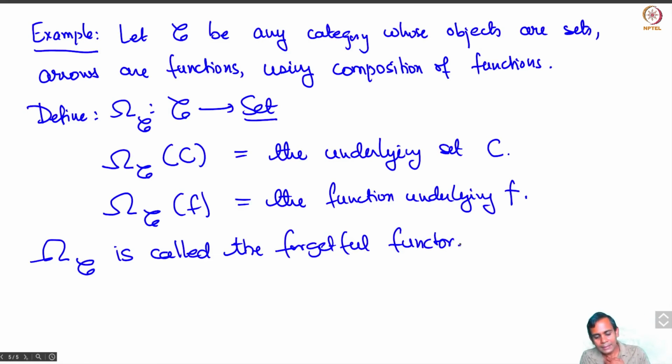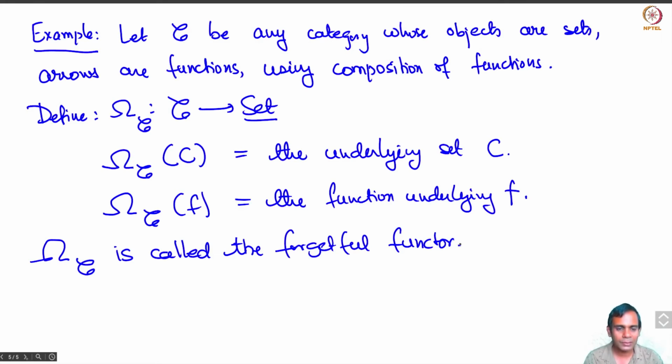Now the idea is that the category C, its objects are sets, but they are sets with some additional structure. So for example, if C were the category of groups, then the category C is the category of sets together with the additional structure that is the binary operation on the group. And this must of course satisfy some axioms and so on.